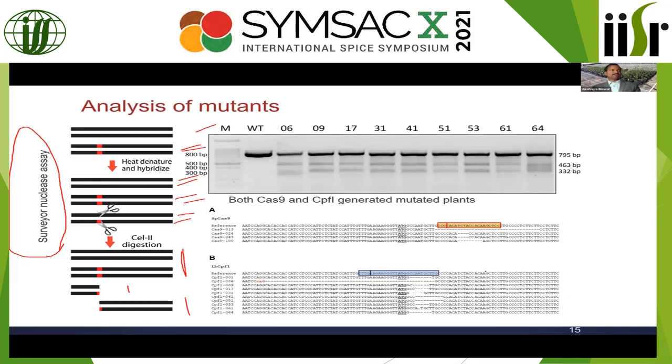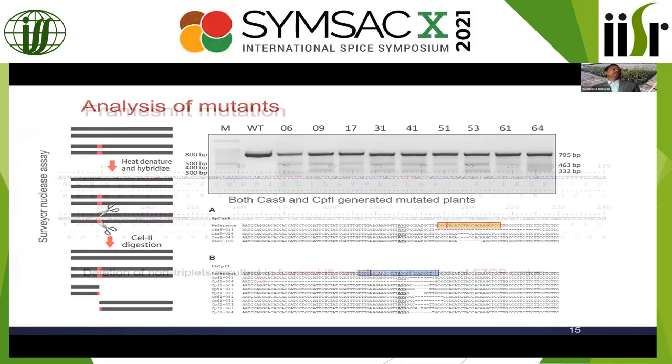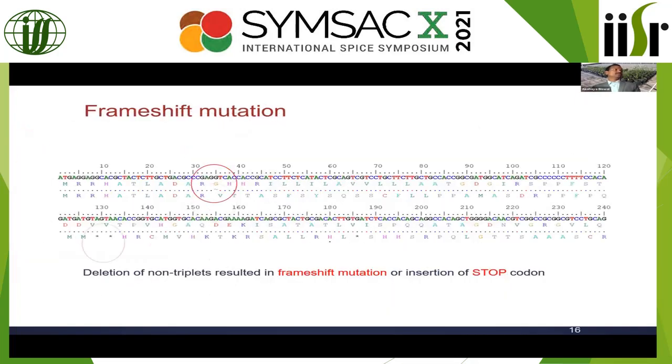64 base pair deletions. With this, when we translate these deletions, as you can see, suppose there is a one base deletion, what happens if it is a non-triplet? If it is a triplet, you can get one amino acid added or deleted.